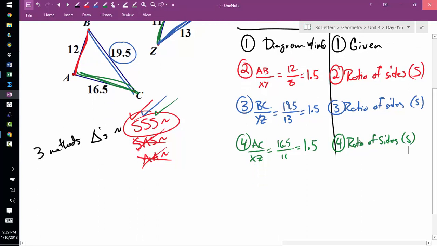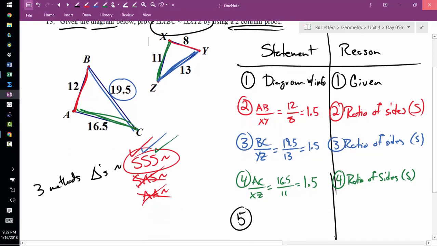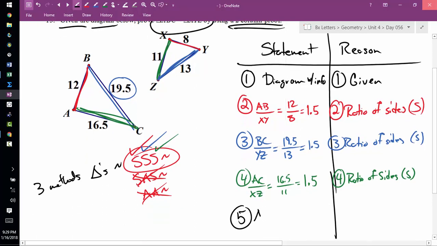And now, this is the big payoff. Your last statement, 5, is going to be finishing the proof. You're literally going to copy down what they asked you to prove: triangle ABC is similar to triangle XYZ. And how did we know that? What's our reason?